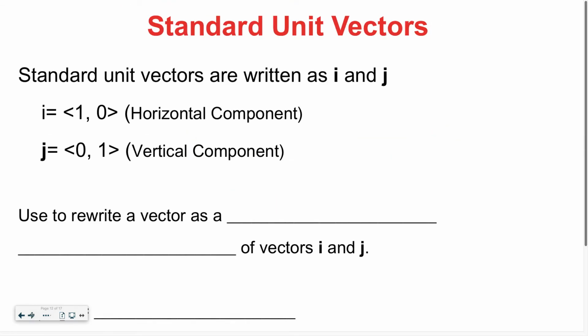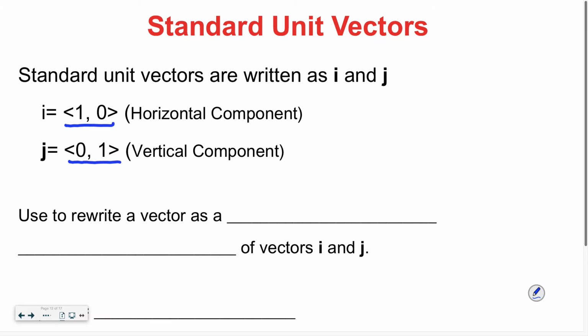There are 2 different ways to write a vector. Number 1 is component form. Number 2 is what we call linear combination form. So what I need you to write down first is that vector I is the vector 1, 0, and vector j is the vector 0, 1.